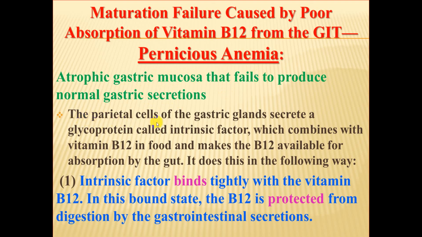The parietal cells of the gastric gland secrete a glycoprotein called intrinsic factor, a very important factor. Why? Because it combines with vitamin B12 in the food and makes vitamin B12 available for absorption by the gut. Clear? That is why the binding of intrinsic factor and vitamin B12 is very important for production of RBC.